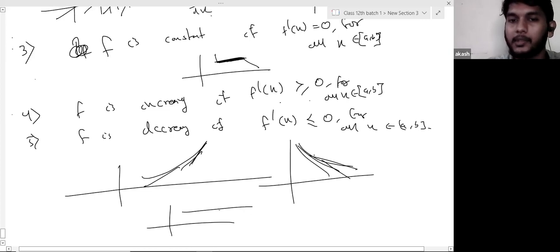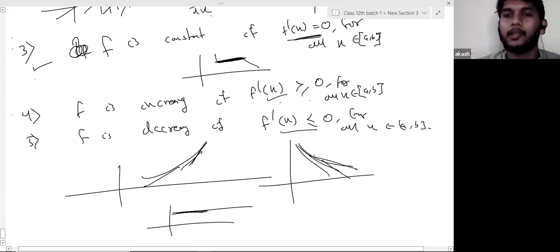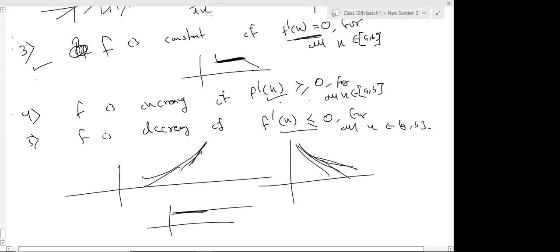If the function is constant, then the slope is 0. That is the third point. If the differentiation is 0, then the function is constant. All right. The rest of the things you can relate very simply. The only thing that's changed is greater than or equal to, less than or equal to. All right. Yes, sir. Note it down.